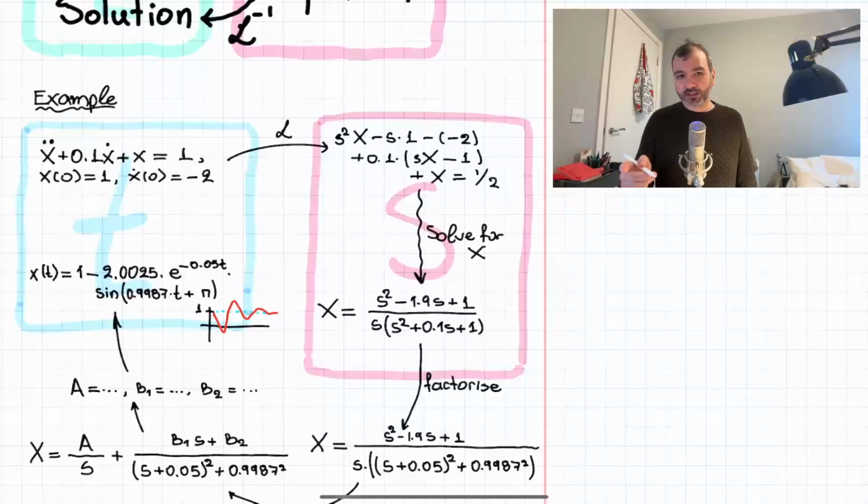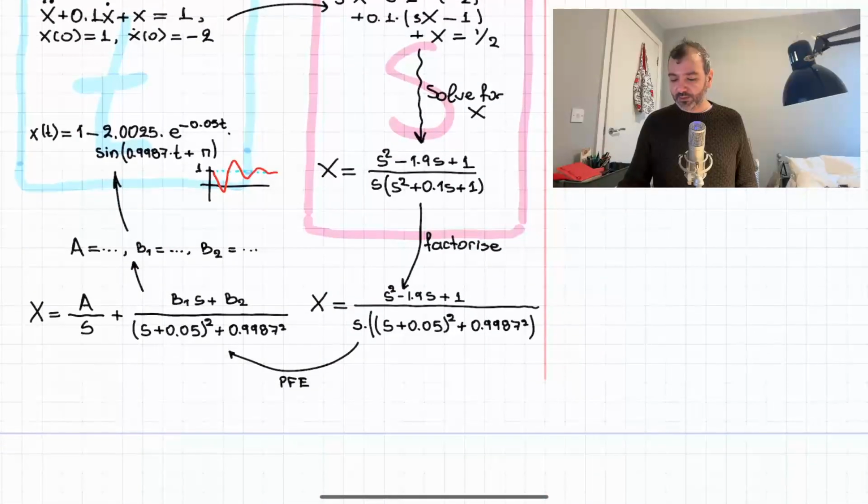Now we need to go back and see the solution in the time domain. So the first thing we need to do is to factorize the denominator, because you have s squared plus 0.1 s plus 1. You know that this has two roots, but you don't know if they are real or complex conjugate. So let's factorize.